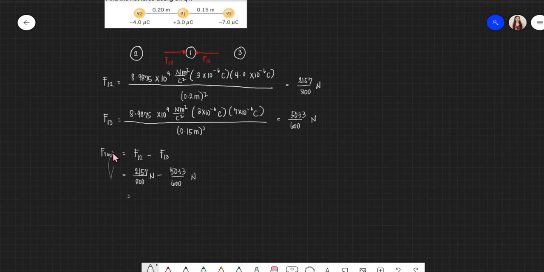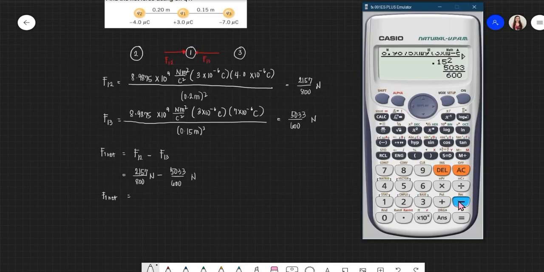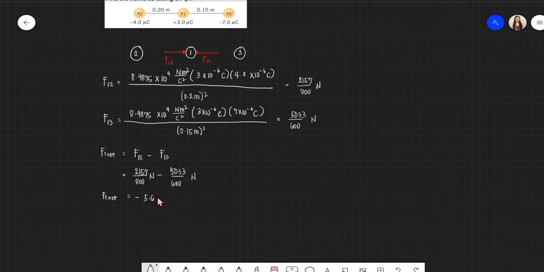F1 net is equal to minus 2157 over 800. Okay, so it's negative 5.6921. So the net force acting on charge 1 is directed towards the left. This is F1 net.